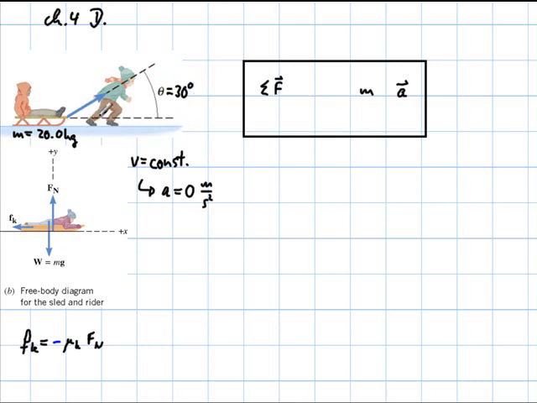Maybe that's another reason why I chose the direction to the right, so we already have it to the positive horizontal and we don't have to think anymore. Just plug in the 30 degrees, have the cosine here and the sine in the vertical. The force with which it is being pulled, I'm going to call it Fp, the pulling force, equals 80.0 newtons.